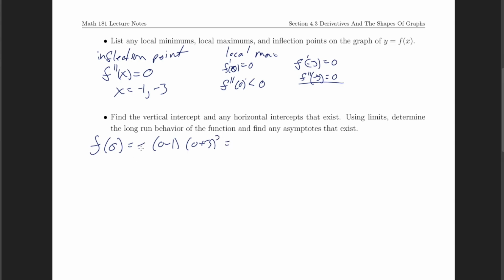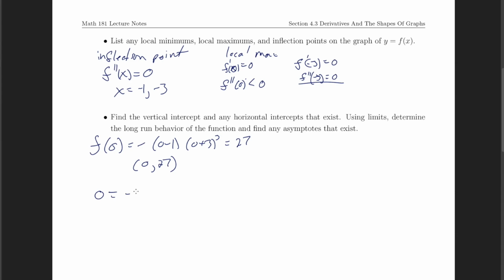Well, that's just going to be negative times negative 1, so it's 1 times 3 cubed, which is 27. So here I have a vertical intercept at 27.